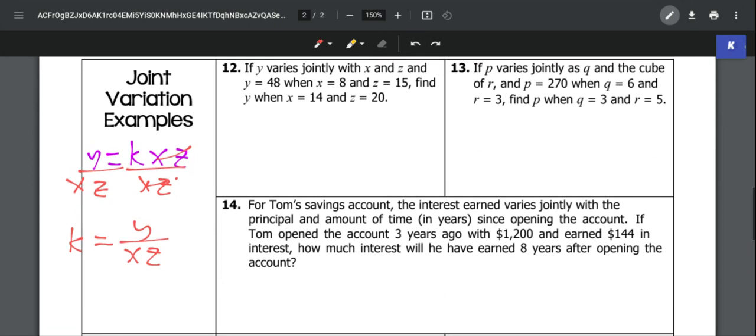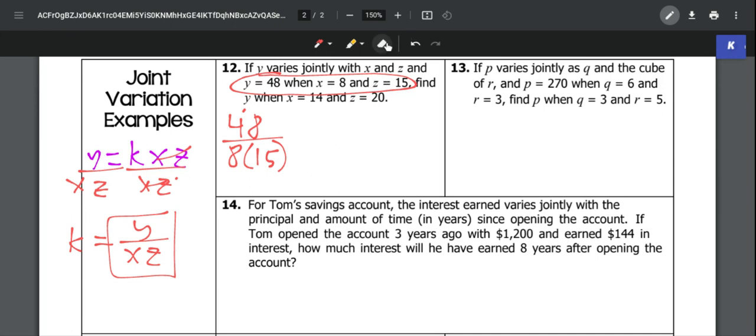So here's what we can do with that y over xz. If k is equal to y over xz for when we have this first set of variables, then 48 would be y, x would be 8, and z would be 15. So that's what that would look like if we set up this proportion, this fraction, y over xz for the first set of variables you're given. All I did was plug in 48 for y, 8 for x, and 15 for z.